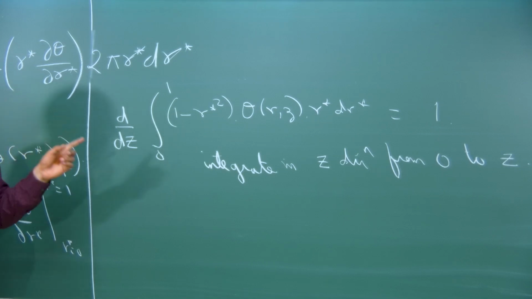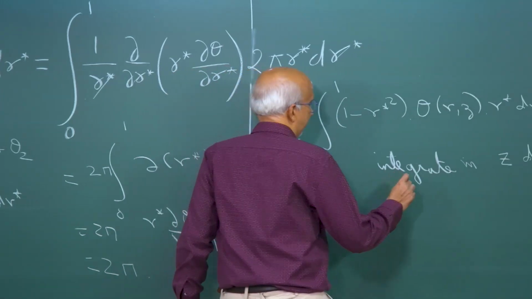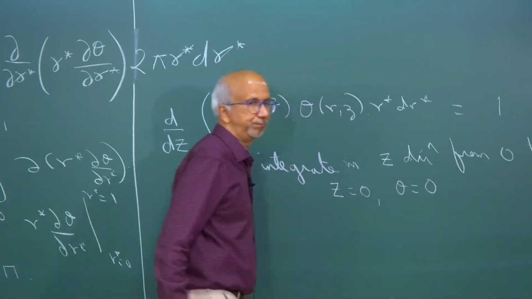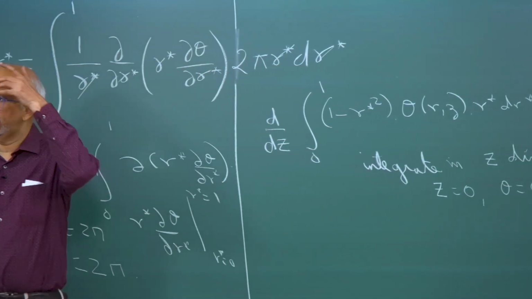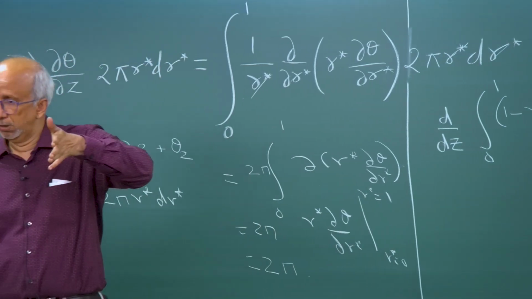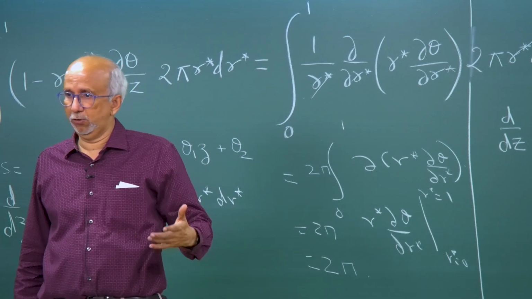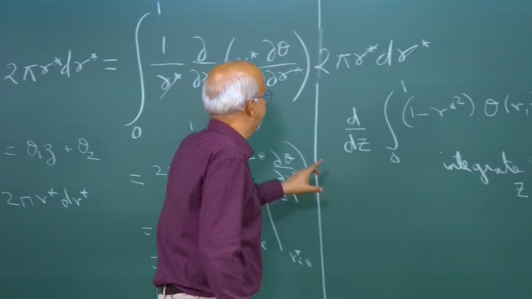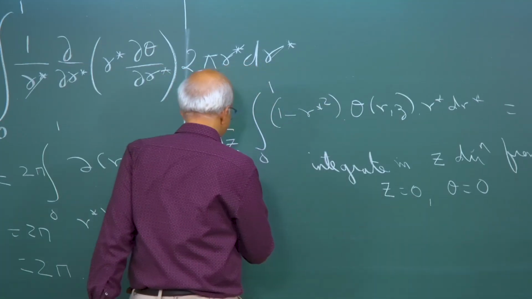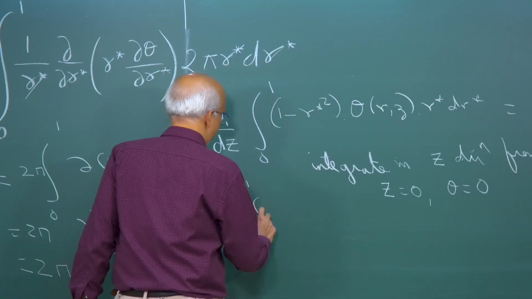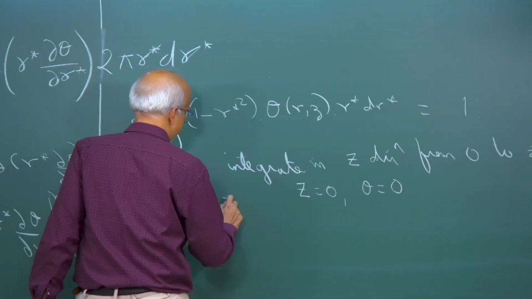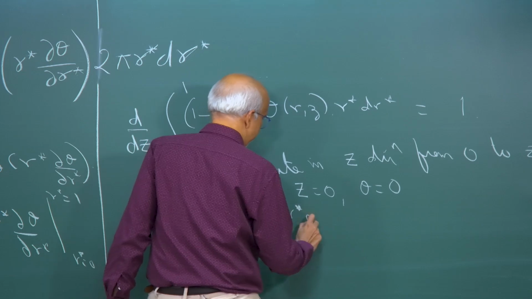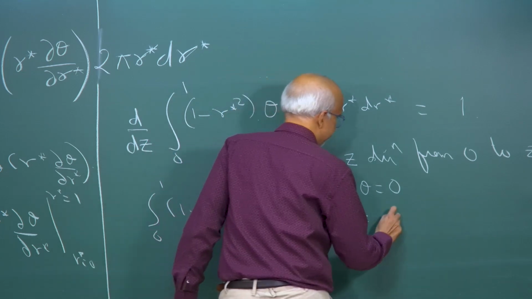And what I will have is, remember at z equal to 0, theta equals 0, because that is how we define theta, t minus t naught. So, at z equal to 0, t is equal to t naught, so theta will be 0. So, when I integrate this in the z direction, I will get integral 0 to 1 of 1 minus r star squared theta multiplied by r star dr star equals z.